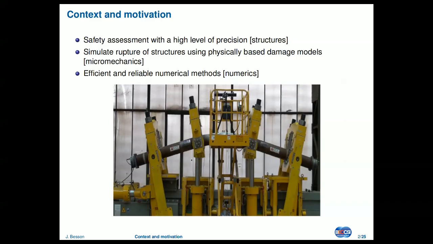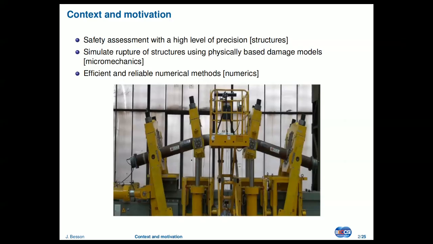So that's called micromechanics, and that's why the title of the presentation is From Micromechanics to Structures. This involves very large and very complex simulations, and we want them to be efficient indeed, but also reliable. And that's a task. Here you have an example of a 4-point bending of a pipeline section, where in the middle you have a girth weld.